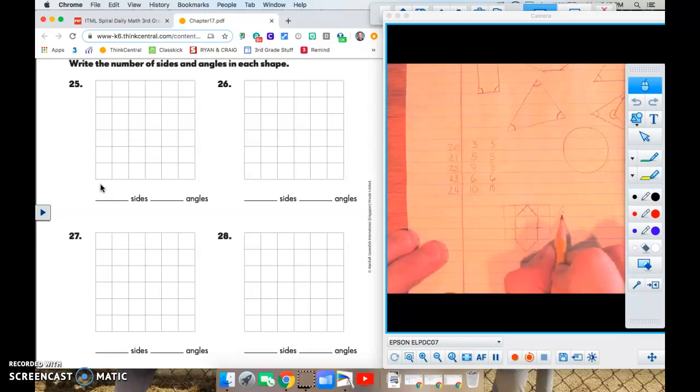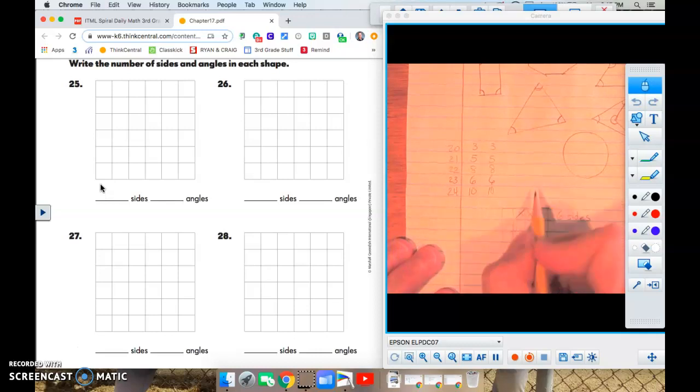Okay, so I have 6 sides. And the next one says how many angles? Well, I have 1, 2, 3, 4, 5, 6 angles. All right, boys and girls, you'll be able to get the rest of that finished up on there.